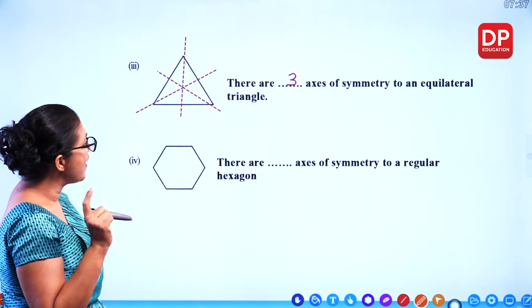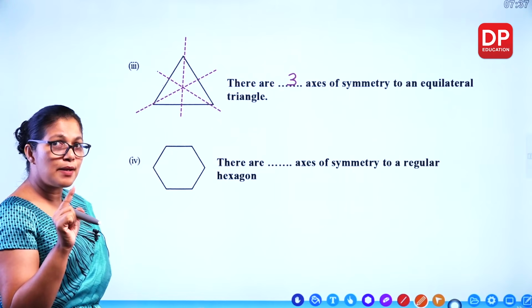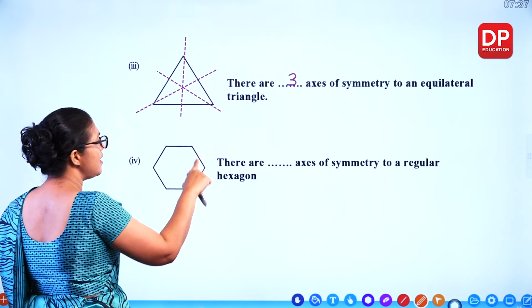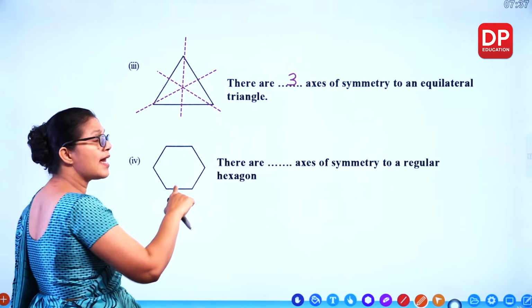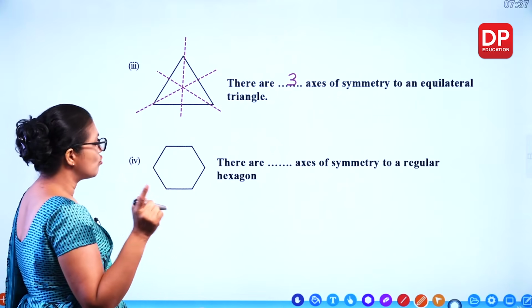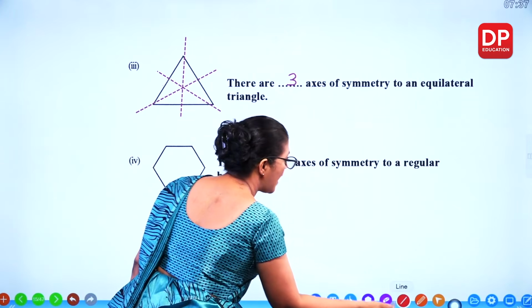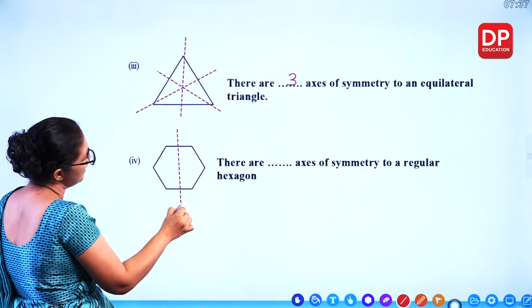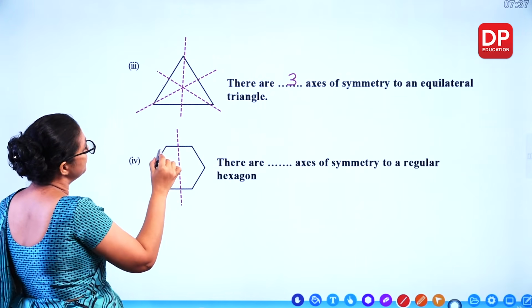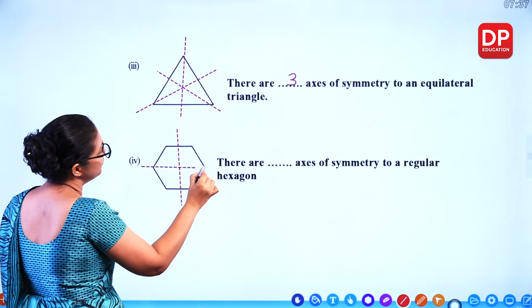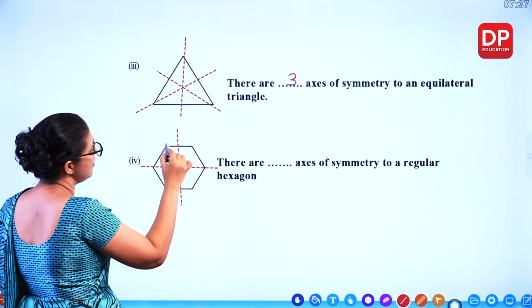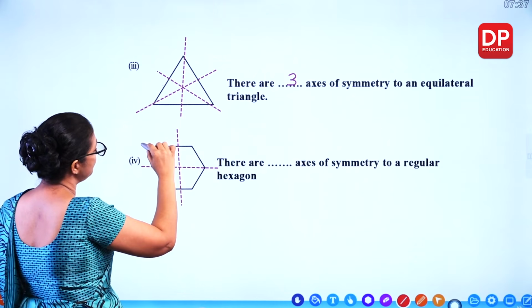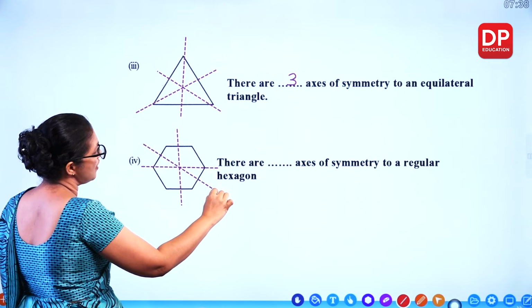What's this? Regular hexagon. Hexagon means 6-sided polygon. Regular means all sides are equal. So how many symmetrical lines are there? We can draw a line here, here 1, and then this way another one.